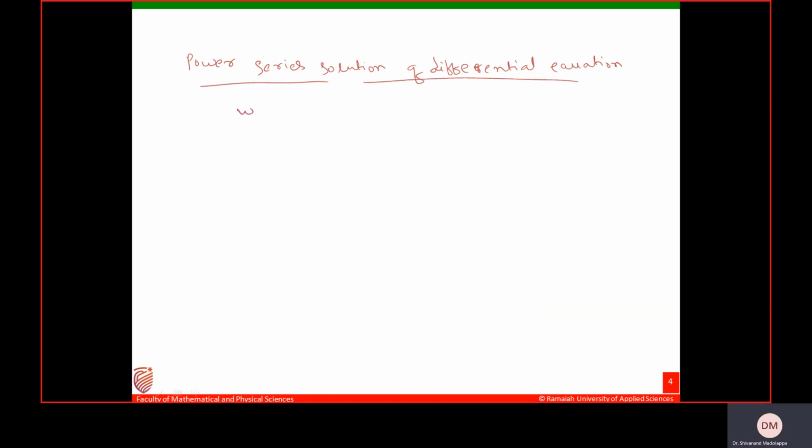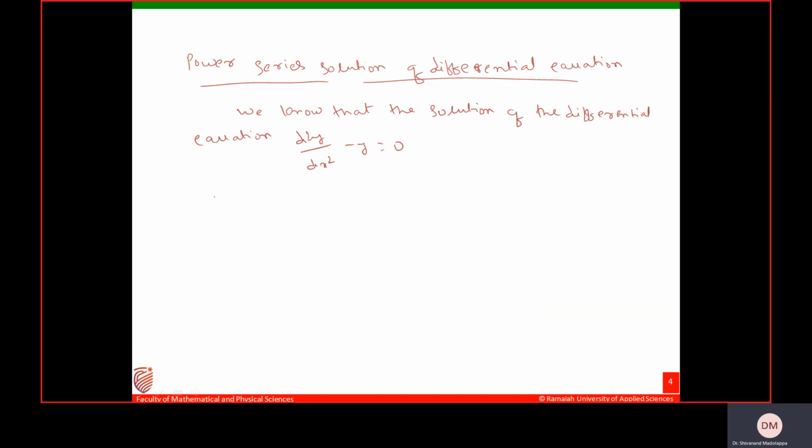We know that the solutions of a differential equation d2y on dx square minus y equal to 0.